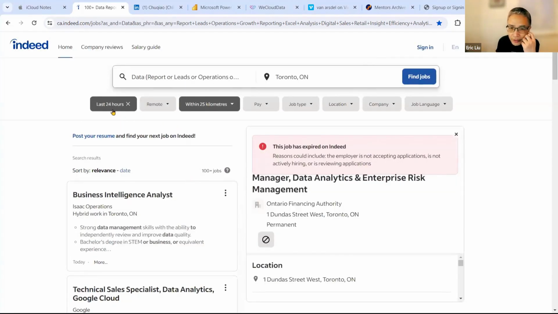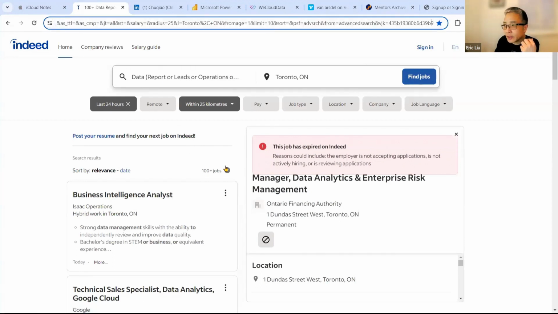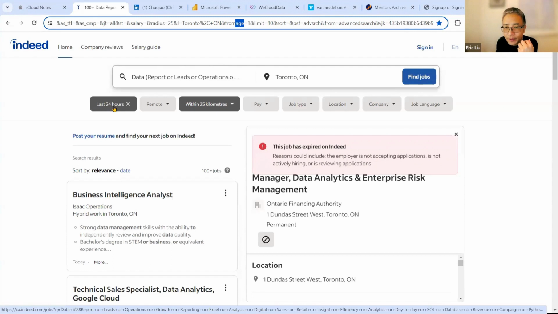And the other two things I want you to do is, if I go to almost the end of it, you will see here it says age equal to 1. So that corresponds to here. That means all the jobs it returned were posted in the last 24 hours.